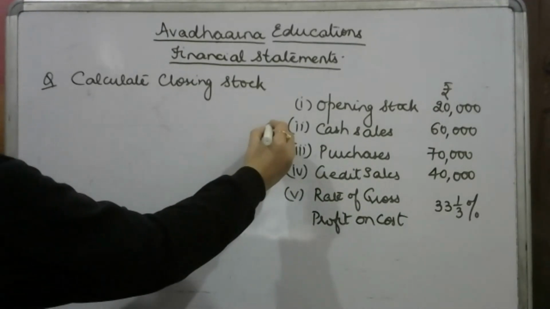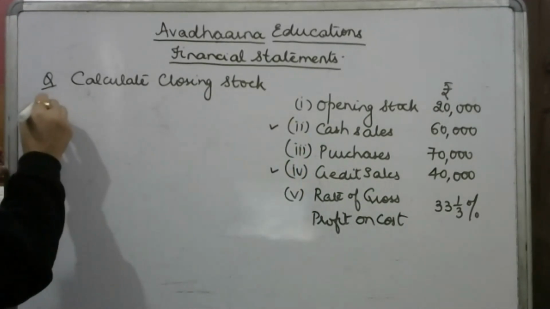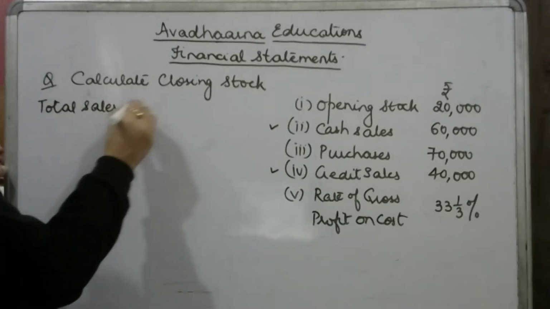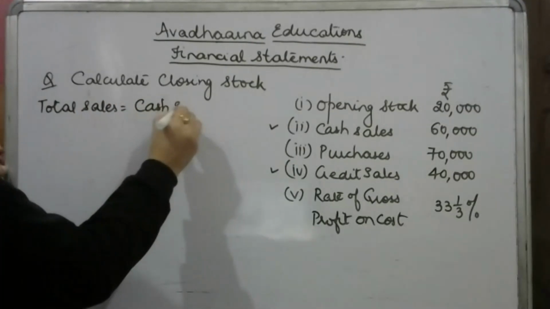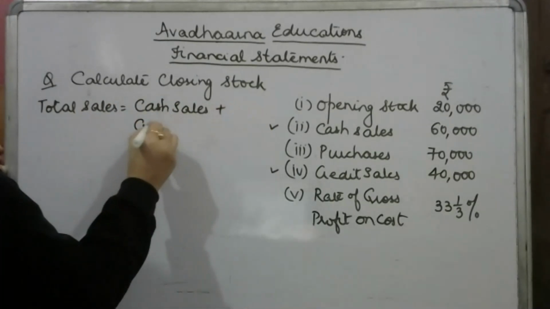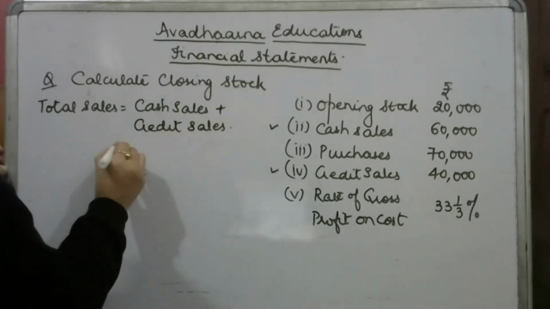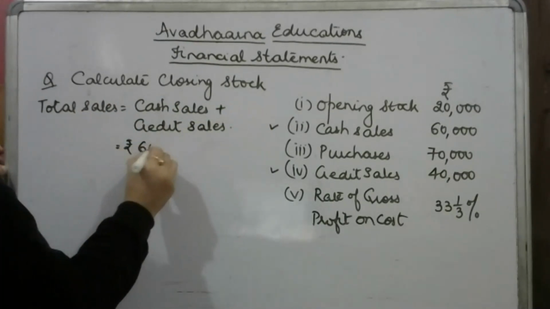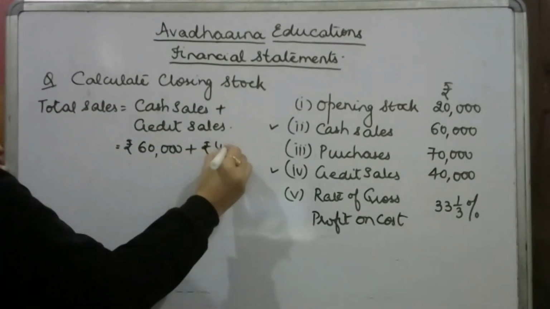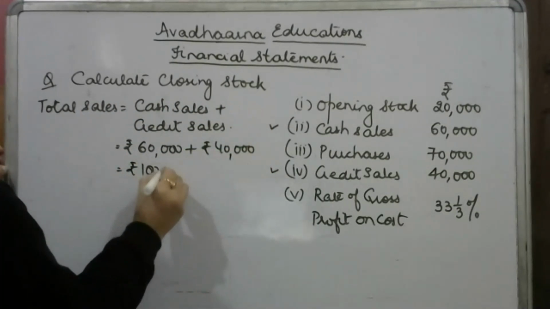Now see, we can calculate the figure of total sales because total sales is equal to cash sales plus credit sales. Now if we add these two, we get 60,000 cash sales and 40,000 credit sales. So the total sales are 1 lakh.